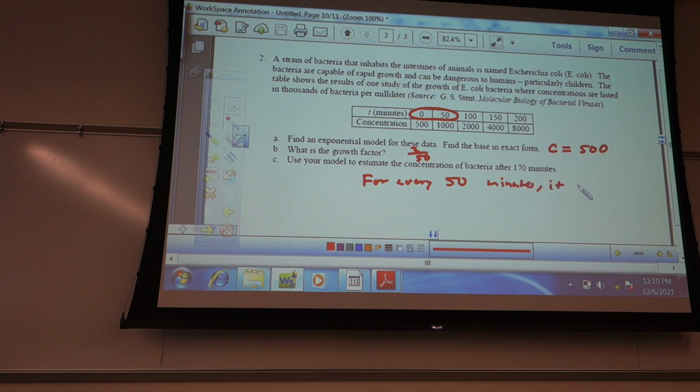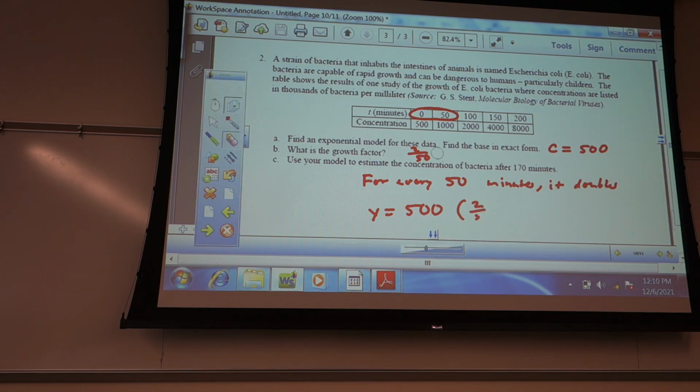It doubles. So here we write y equals 500 times 2 over 50. Oh wait, I'm sorry, that's not right. Growth factor is 2. It doubles for every 50 minutes, so it's a little bit trickier. It's 2, but it is to the x over 50.